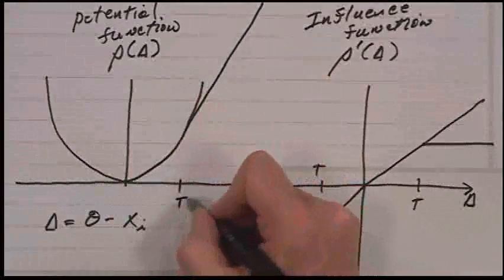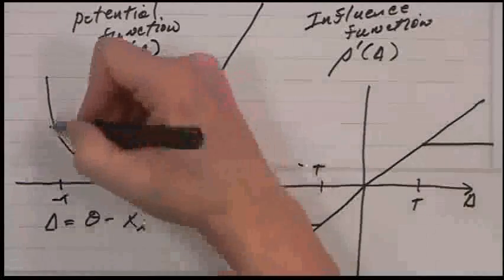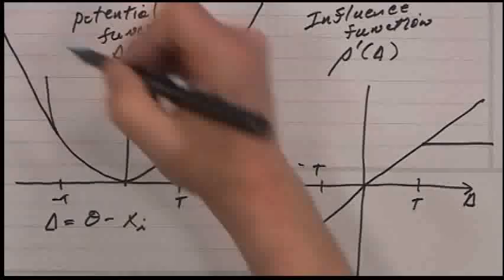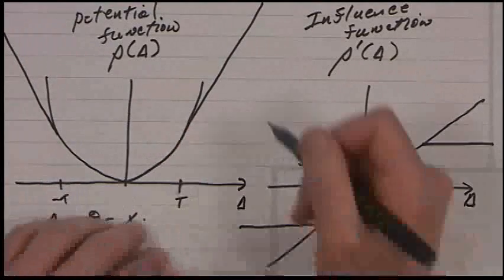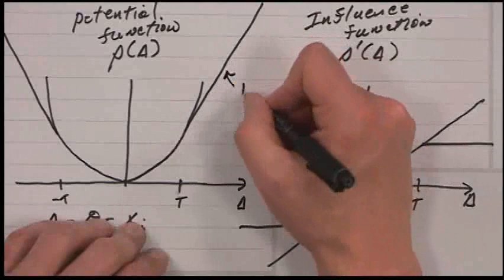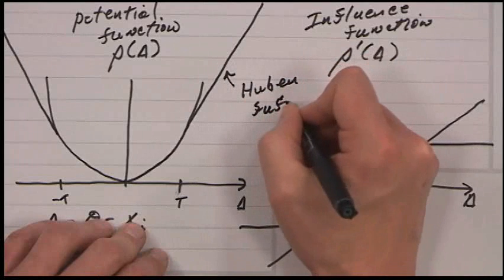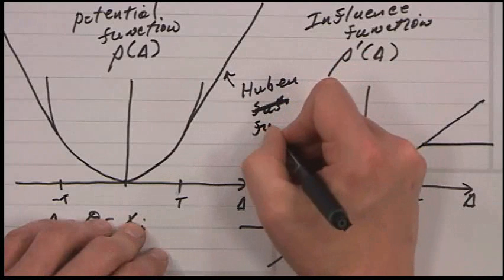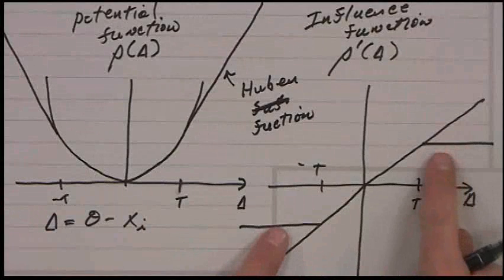This is t, and this is minus t. It's like that. So this is called the Huber function. So it basically clips the mean.